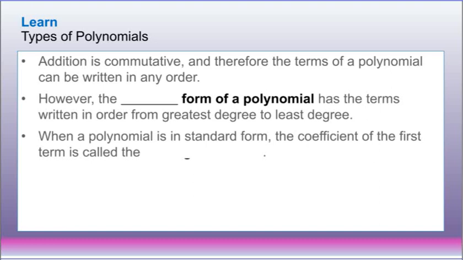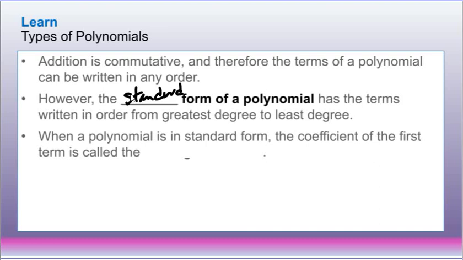Addition is commutative, and therefore the terms of a polynomial can be written in any order. So commutative means you can switch the order of the addends, it'll still be the same. However, the standard form of a polynomial has terms written in order from greatest degree to least degree.